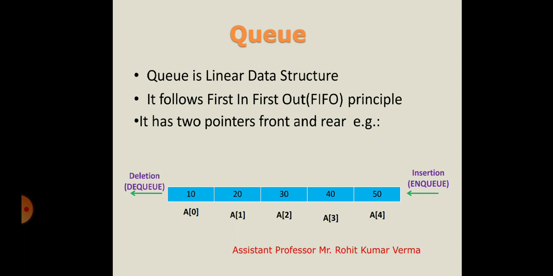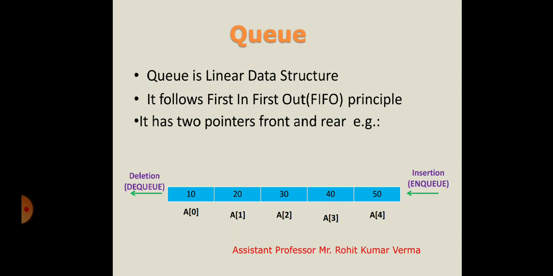So dear students, right now we are learning the basic operations of a queue. The first operation is NQ, which is used to add an item into the queue. Second is DQ, to remove an item from the queue. Third is the peek operation, which is used to get the element at the front of the queue without removing it.